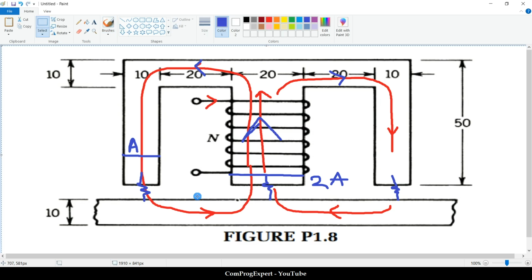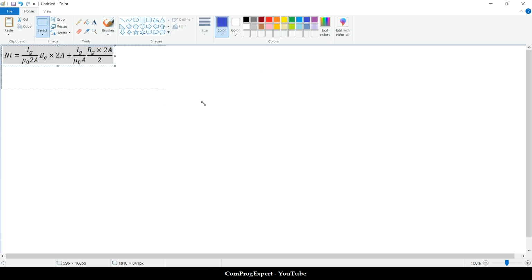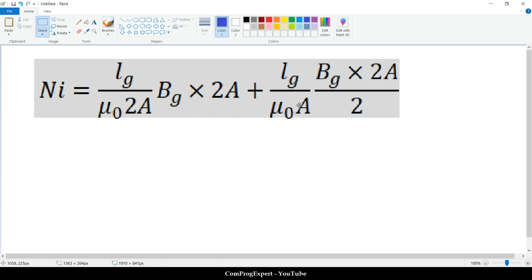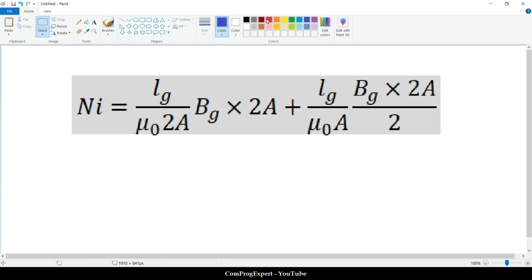So how? This is the equation, and this is the area 2A, again this area.